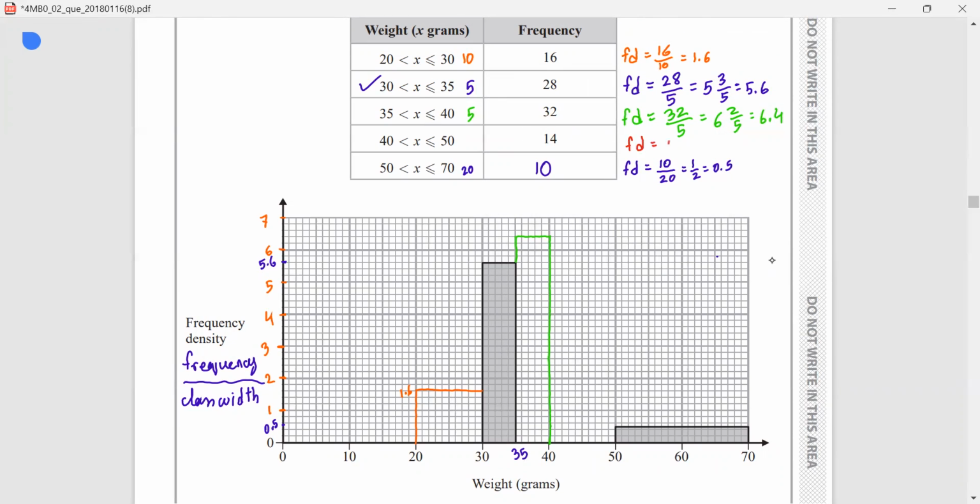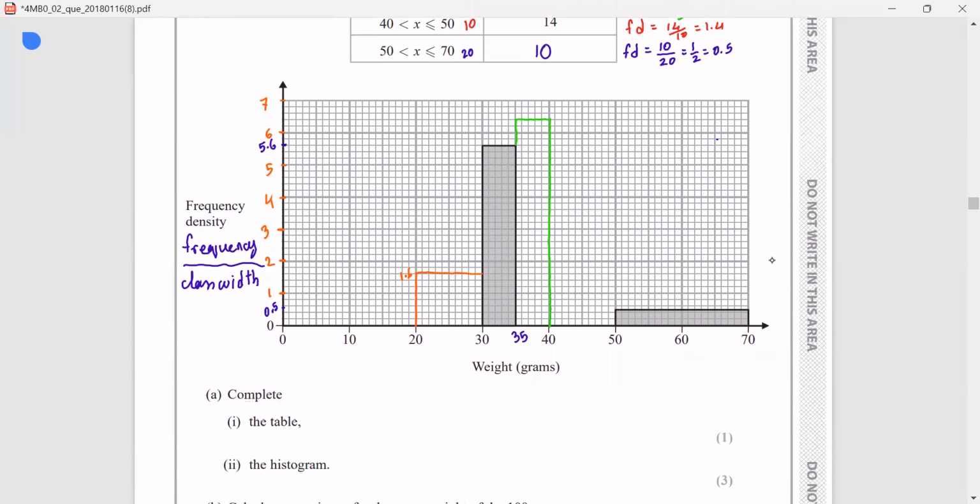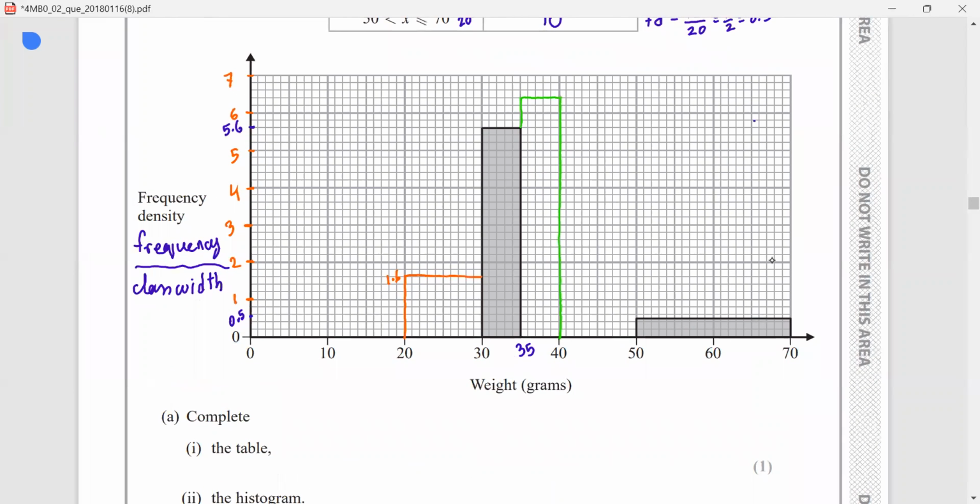And the fourth row frequency density equals 14 over 10. The class width is 10. 14 by 10 will give us 1.4. So for 40 to 50, the height of the bar will be 1.4.